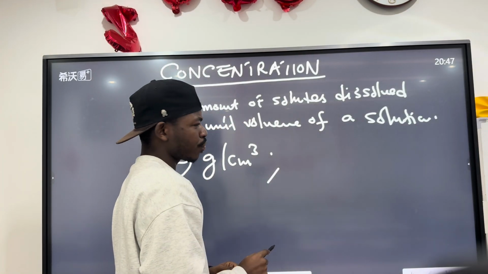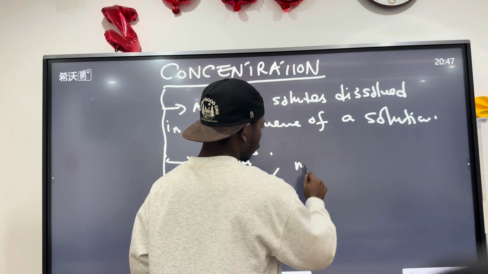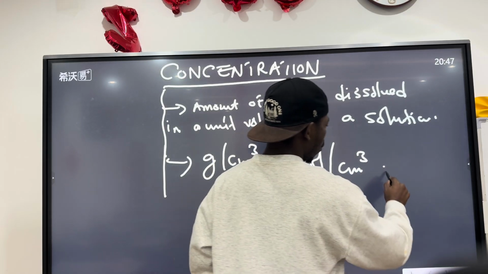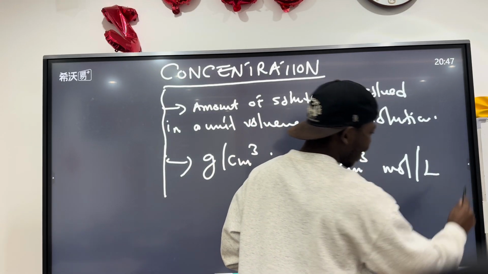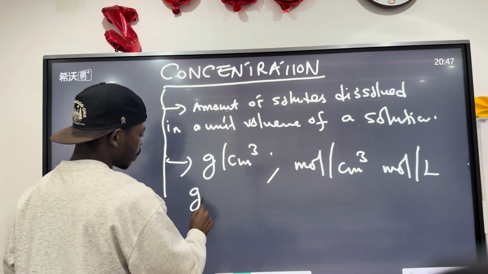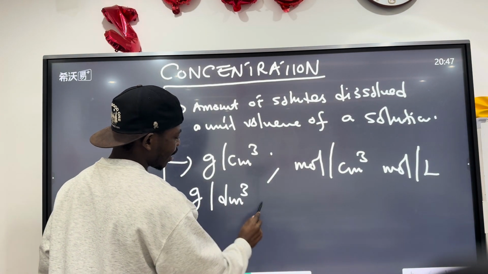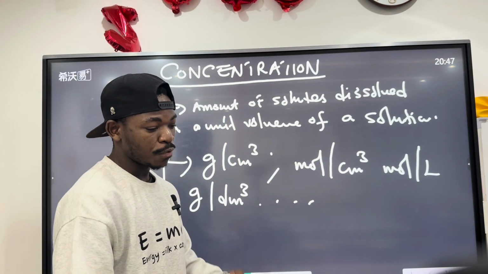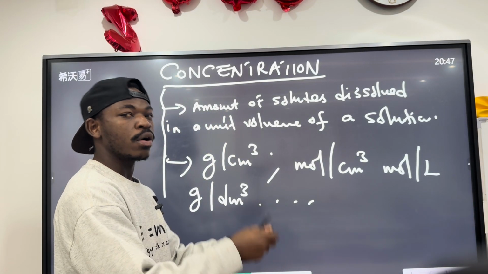We can also measure concentration in maybe moles per cubic centimeters, moles per liter, and things like that. We can measure it in maybe grams per cubic decimeter, and so on. That is what we mean by concentration. The amount of solutes dissolved in a unit volume of the solution.